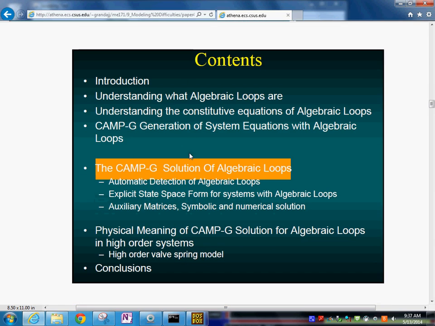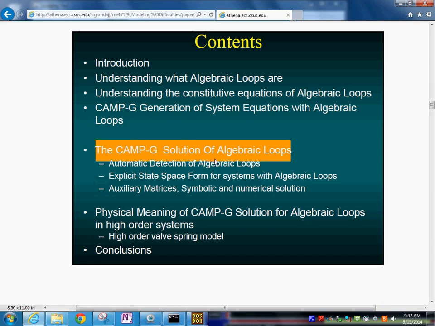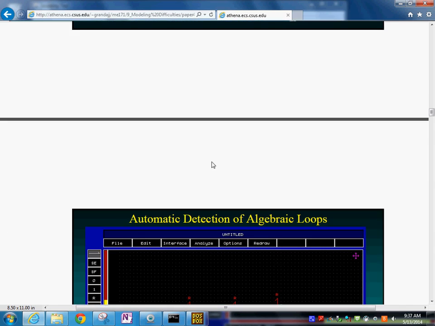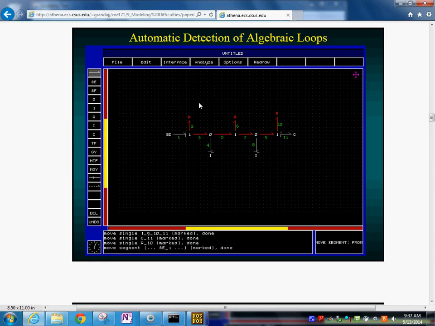Okay, so now let's take a look at the CAMG solution of the algebraic equations. This is what you have. This is what I entered a moment ago, and it has all three of those.